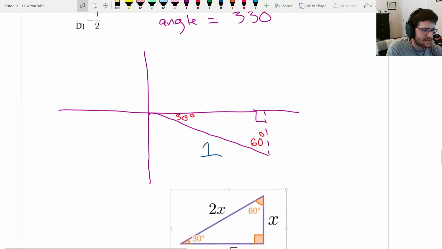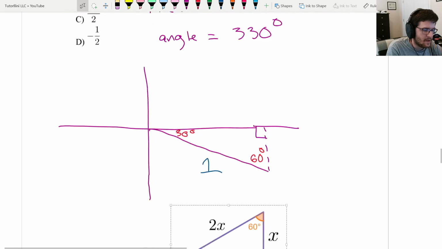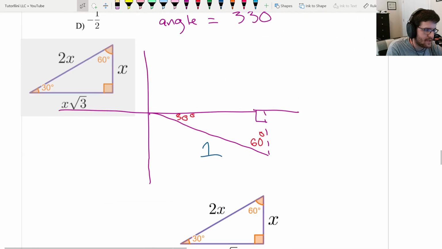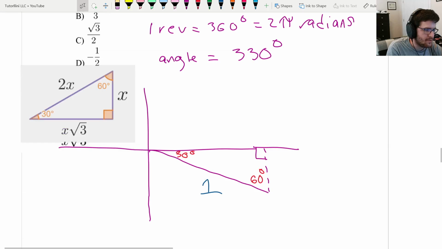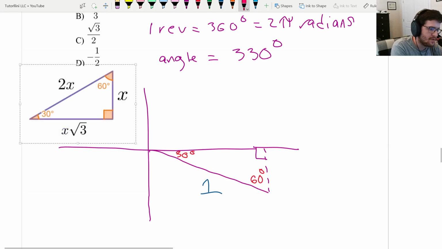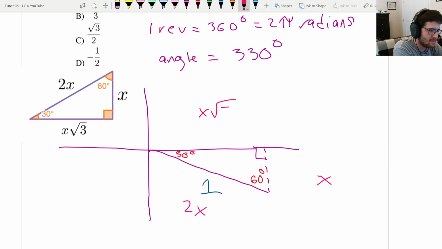The hypotenuse is equal to 2x. The side across from 30 is equal to x, and the side across from 60 is equal to x root 3.